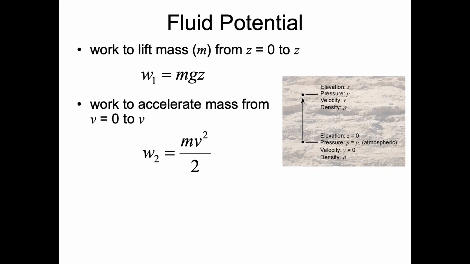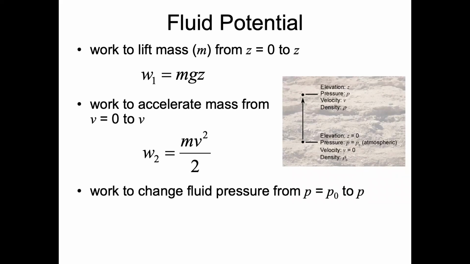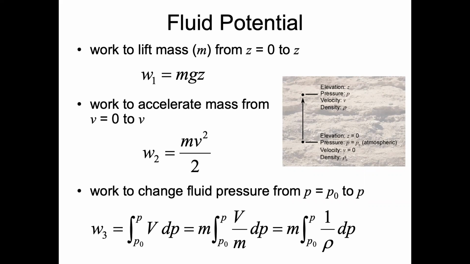The work to accelerate the mass, from 0 to the velocity that it's moving at, is the mass times the velocity squared divided by 2. And then finally, the work to change the fluid pressure is the change in pressure between your starting point and this new elevation that you may be at, Z.